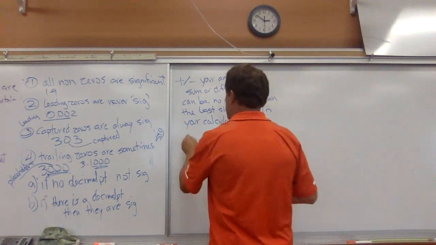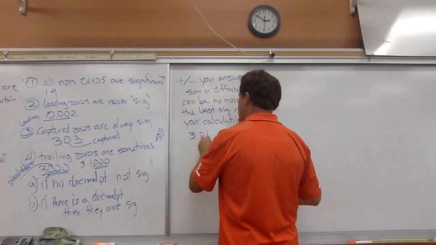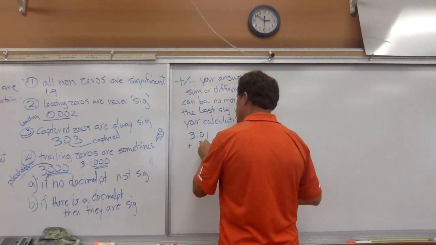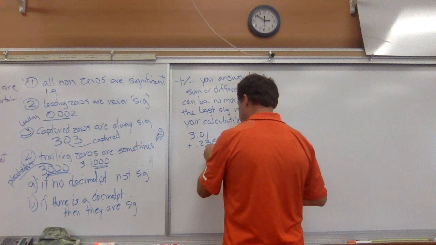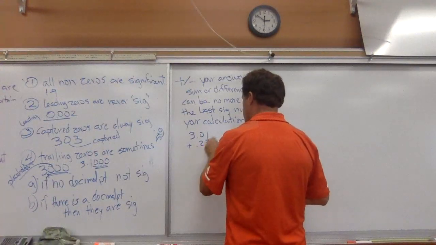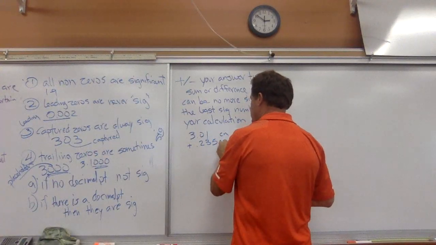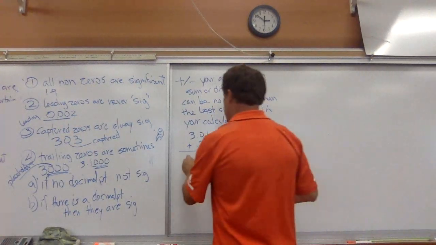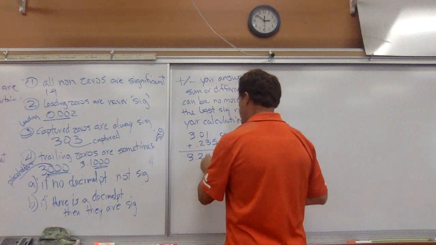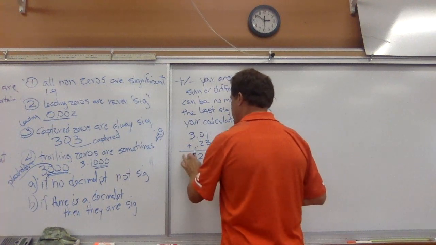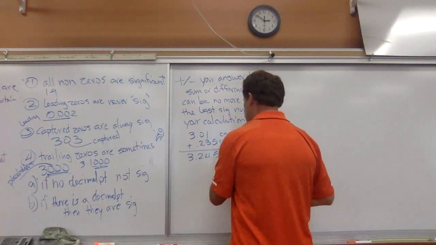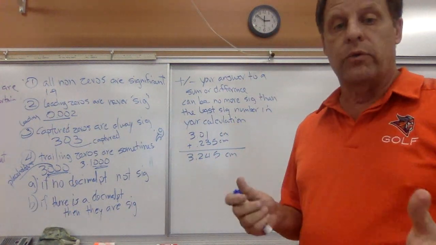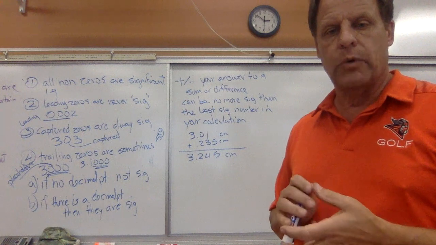So if we had 3.01 plus 0.235, let's say we were in centimeters, and we were to add this together, we would get 3.245 centimeters. And we would have to round this number.